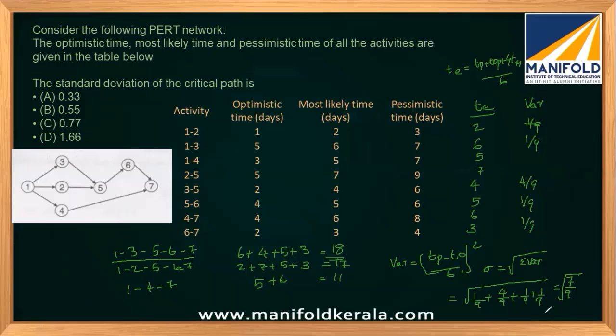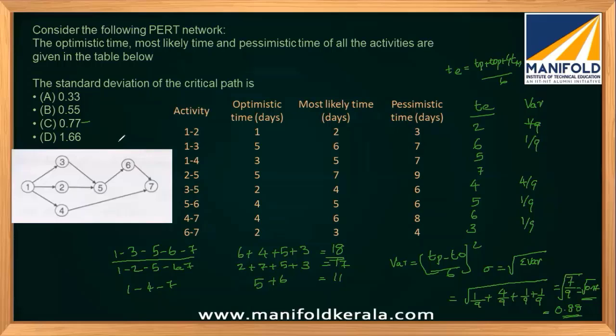Okay, but this is coming to be 0.8888. This has to be the answer, but actually 7 by 9 gives 0.77 under the root.